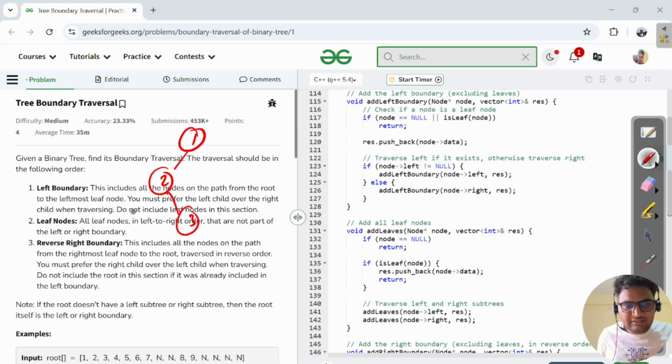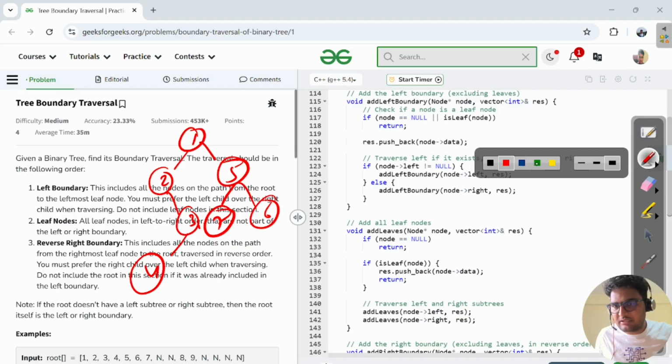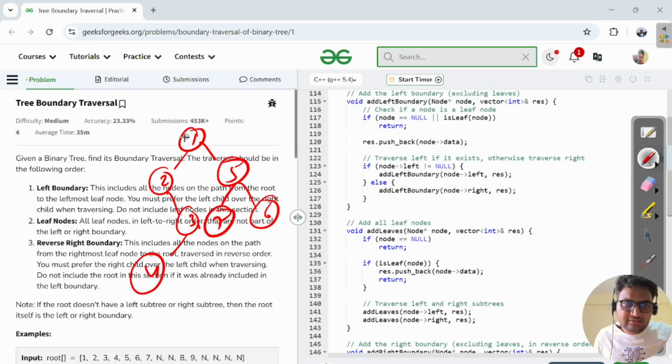Then we have 3, and left is not there here. So as part of the left traversal, and here for example this is having 4, correct? So here in this example what should be the output? And here for example 5, and then 6, this one. So what should be the left traversal? First we have to traverse the root, right?